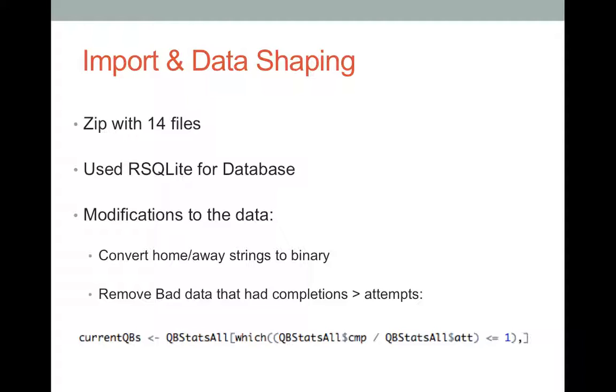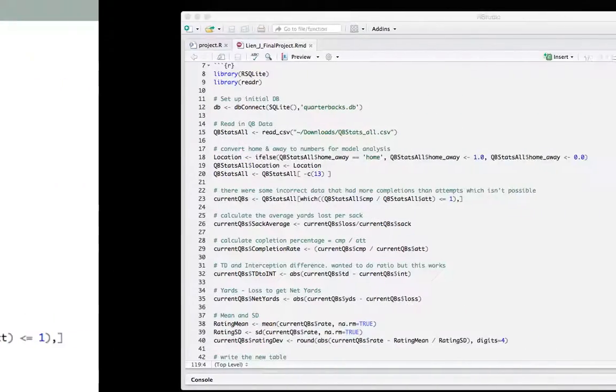I also calculated some new metrics: sack average, where you take the total yards lost to sacks and divide that by the number of times they were sacked, completion rate, touchdowns, interceptions, and net yards, where you take the total yards and subtract off the sack yards. And I created a table in the database with this clean data and all these new metrics to be able to be used for a model. I'll run that block of code for you right here.